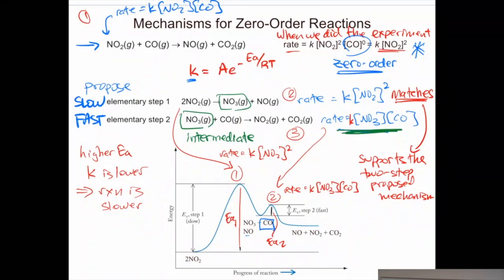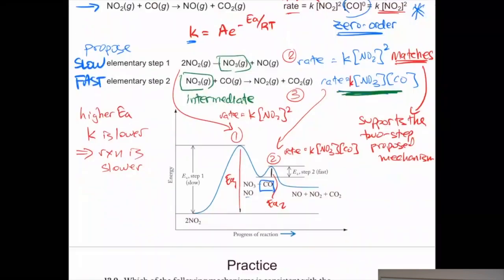The intermediate is produced from the first step and then it's consumed in a later step. So you can never have a valid rate law that has an intermediate in it. It's got to have the reactants in it. So let's write a little note here. A valid rate law cannot have an intermediate in it. But that's okay. It's part of the fast step, and that's consistent with it being a fast step.